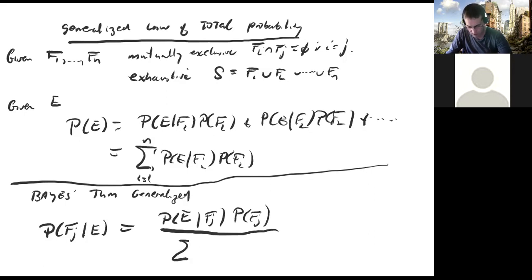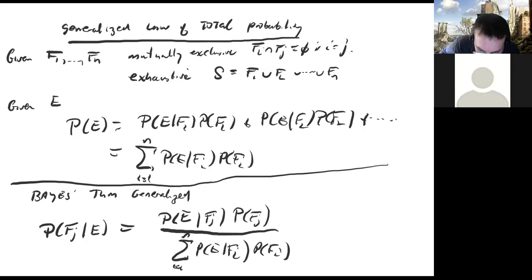So that would be the summation, i goes from 1 to n, of the probability of E conditional on Fi times the probability of Fi. So this is actually useful, believe it or not, and we're going to do examples next time which use this formula.